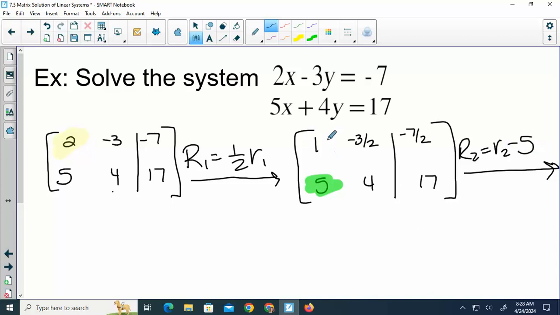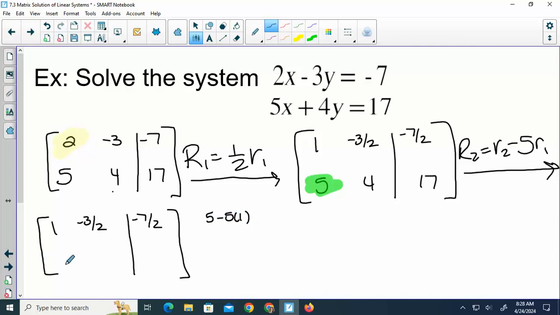So you always take it times the row that has a 1 in that position. So -5 times row 1. So row 2 is a 5. -5 times 1. So 5 minus 5 is 0.